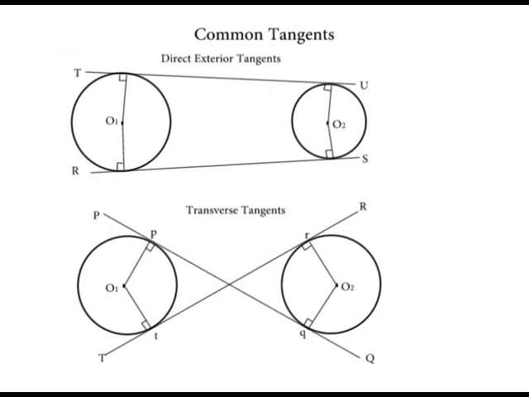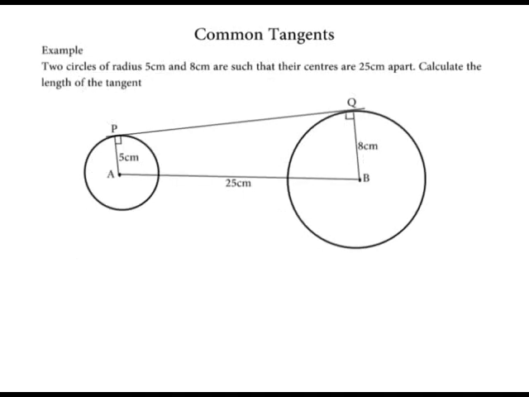We take an example. Two circles of radius 5 centimeters and 8 centimeters are such that their centers are 25 centimeters apart. Calculate the length of the tangent. In our solution, line AR is drawn to form a rectangle ARQP. ABR is a right-angled triangle.